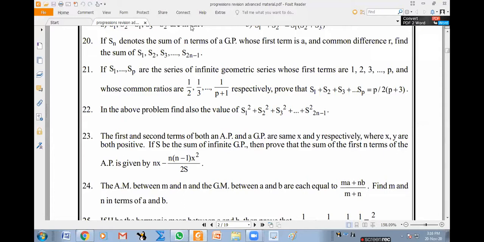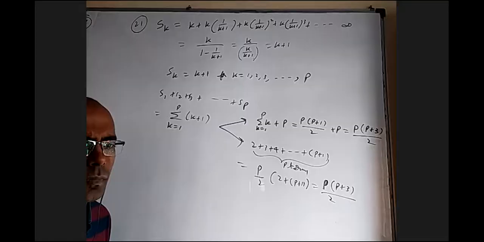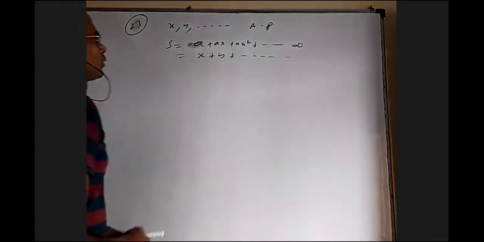And we have an infinite GP where S is equal to a plus ar plus ar squared, and so on up to infinity, but that a is x and that ar is y. Our answer has to be in terms of x and S. Okay.